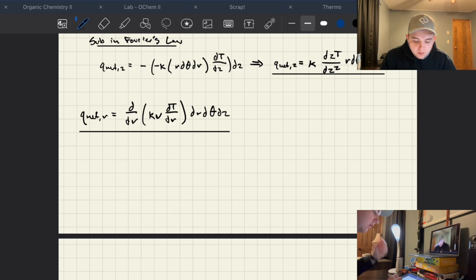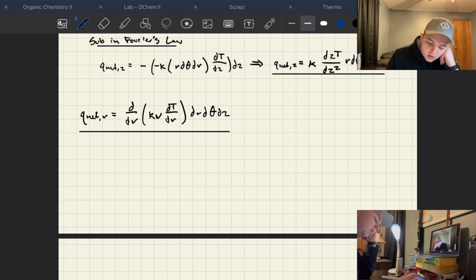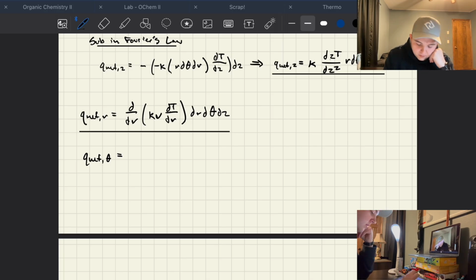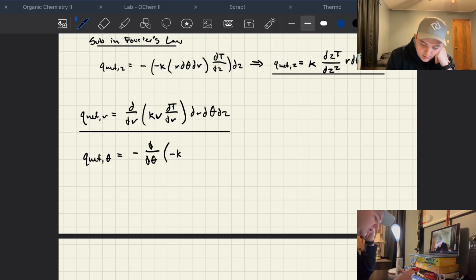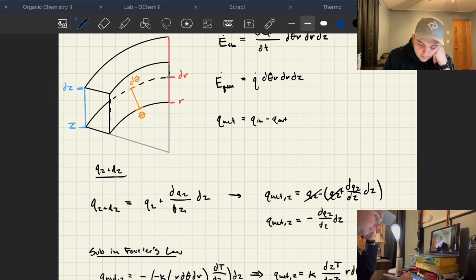Let me put this lighting up there, that's better. So what we have here now, let's write q net theta. Sorry, I'm kind of out of it today, spazzing. We have what we always start with, our d over d theta, or d variable. It's going to be similar to the z, but more values, dz, dr.